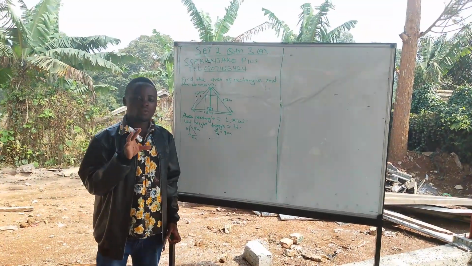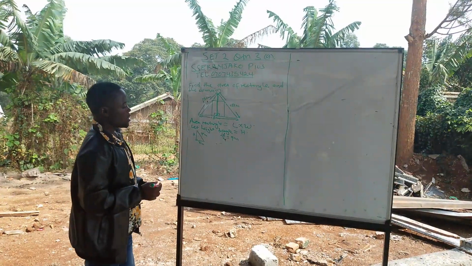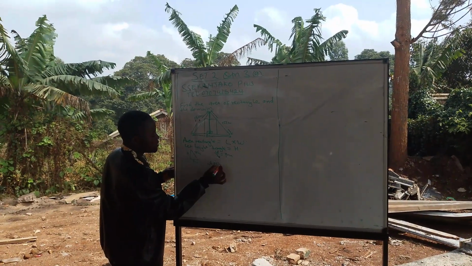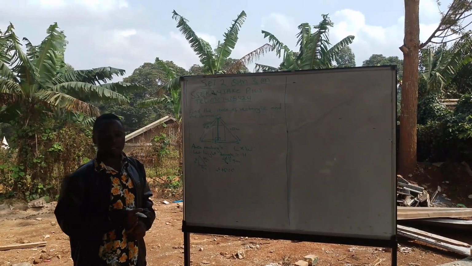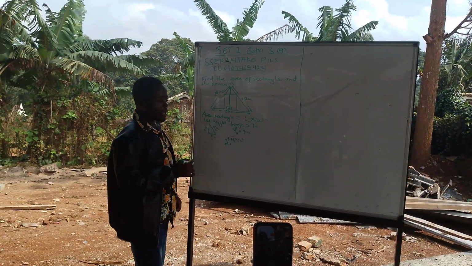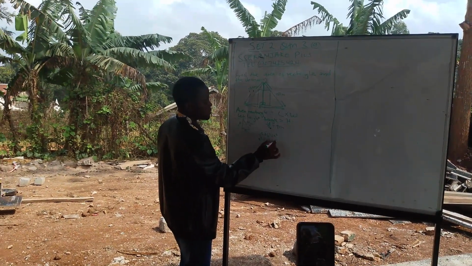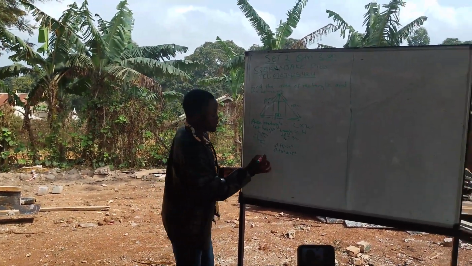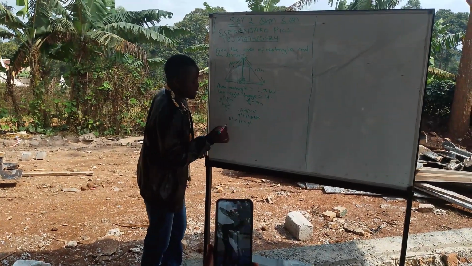Now we can use the Pythagoras theorem to find the height of that right angled triangle. Pythagoras theorem states that a squared plus b squared equals c squared. So this is my a, that is the b, that is the c. So 9 squared plus h squared equals c, which is 15 squared. Making h the subject, h squared is 15 squared minus 9 squared.